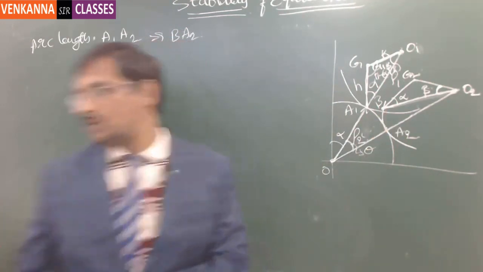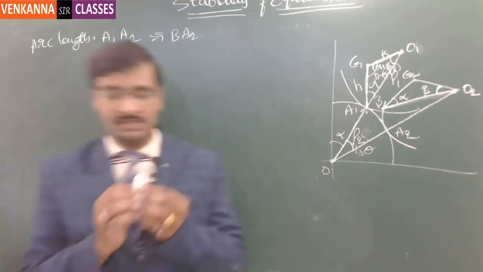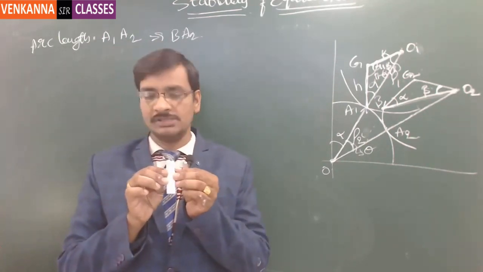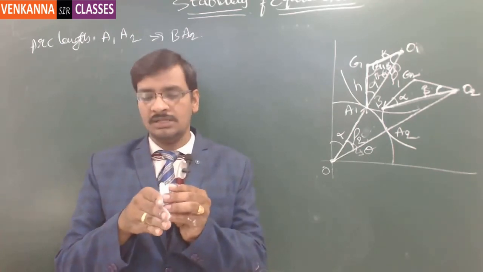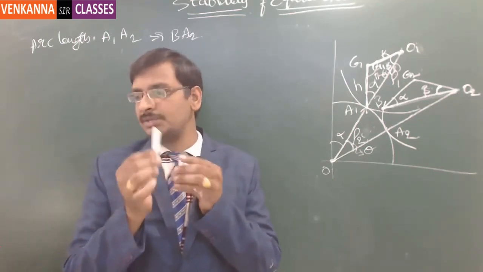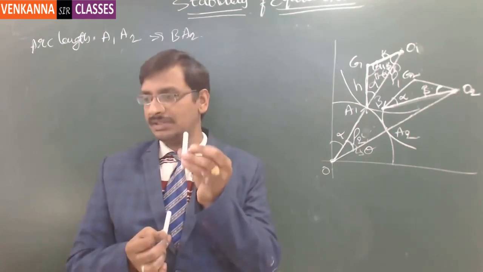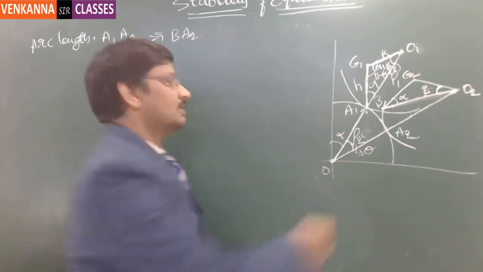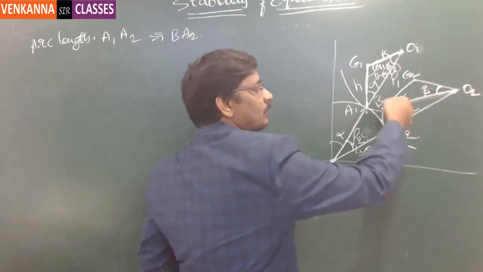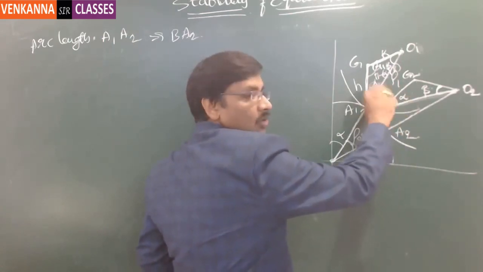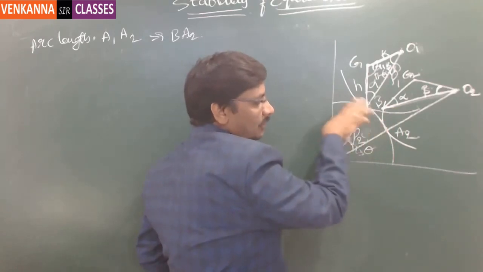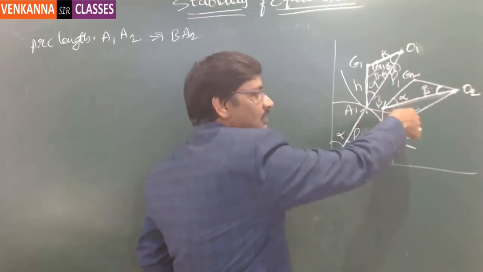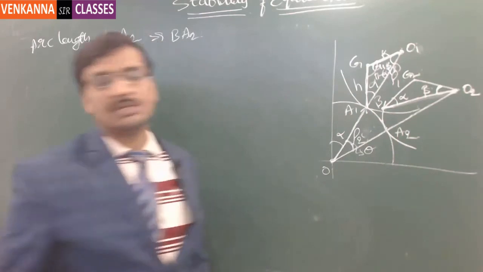See this, suppose there are two chalk pieces, and these two are rolling on top of the other. Then whatever length is traced by this chalk piece is exactly equal to the length traced by this one as well. That means for this curved surface on the top, the same length that is covered by the bottom surface is going to be covered by the top surface as well.